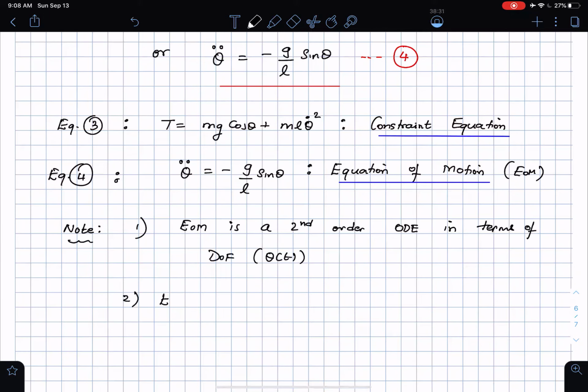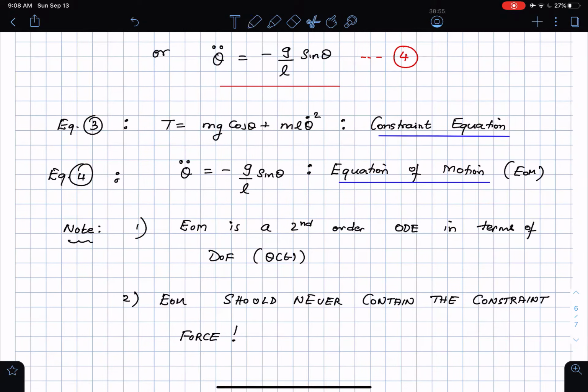The second thing, the equation of motion should never contain the constraint force. Okay, this is a key statement.